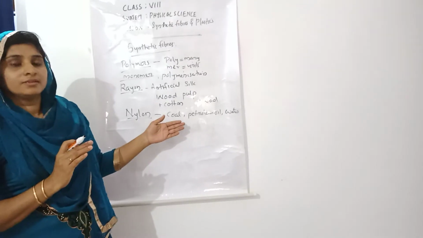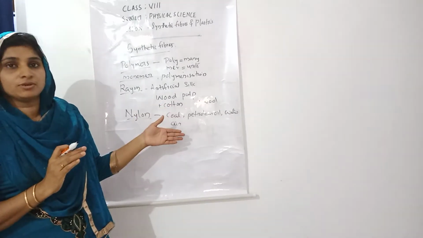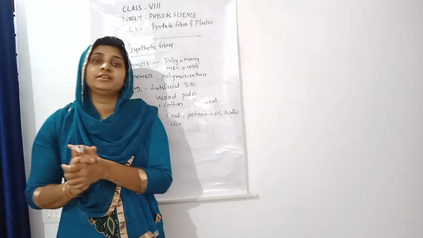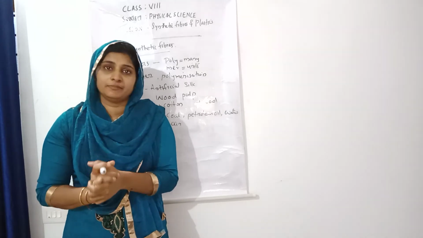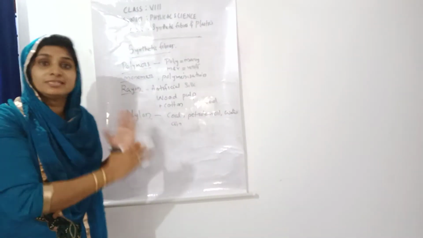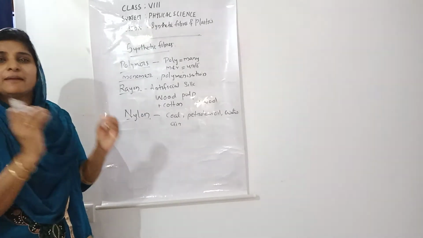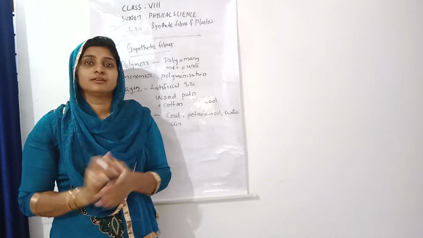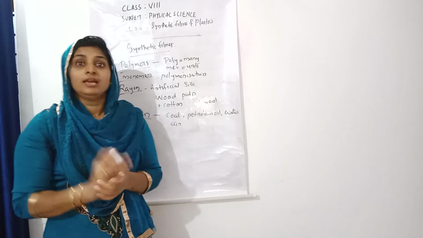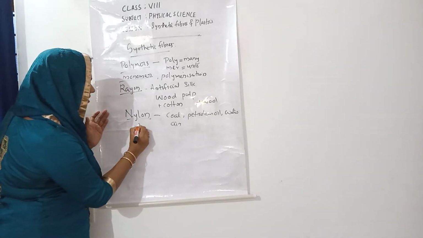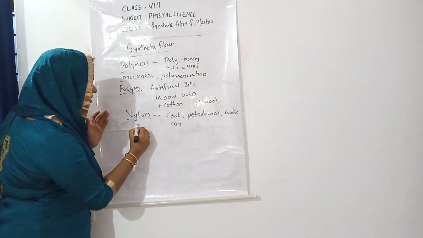Okay, these are actually natural, but these raw materials are not obtained from plants and animals. So it is considered a completely artificial or completely synthetic fiber. Okay, and it was first synthesized in America in the year 1931.